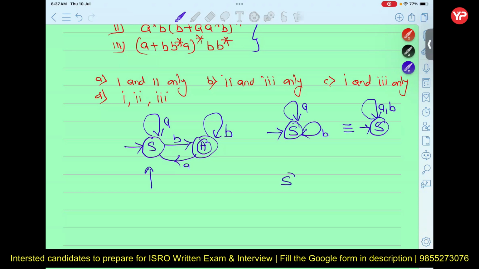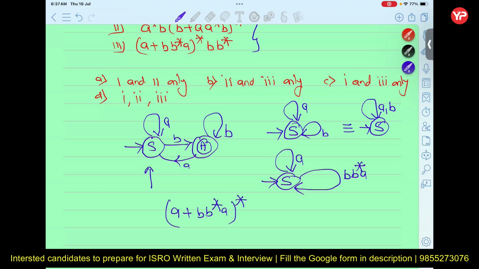One loop is like this, of A, and one is a big loop that is B star A. Yes or no? So it means I can write (A plus B star A) whole star, because this expression I can write as (A plus B) whole star now. Comma means plus, loop means star.